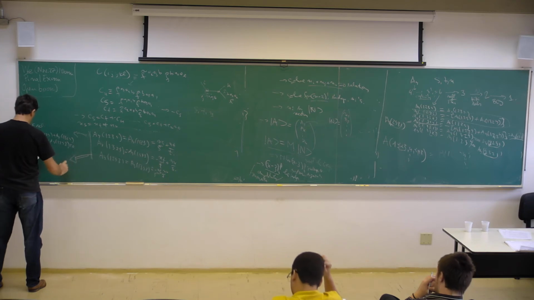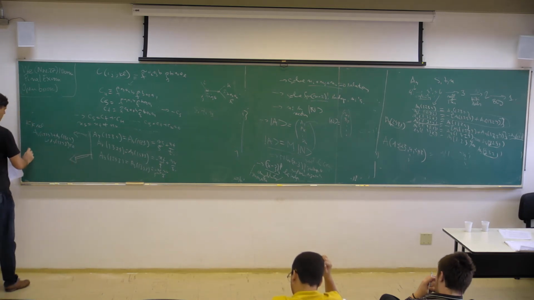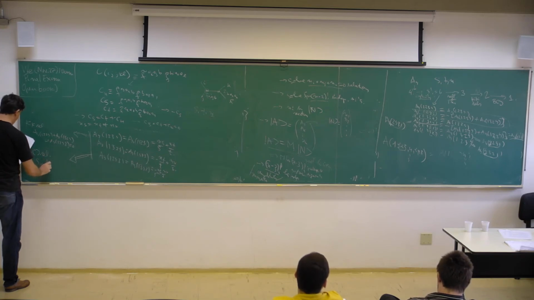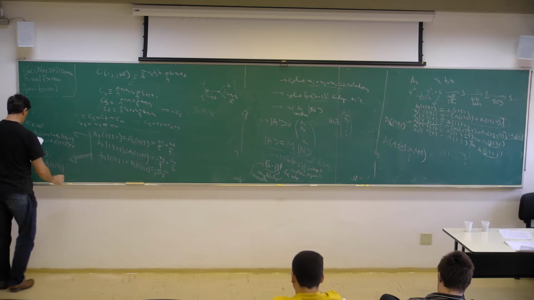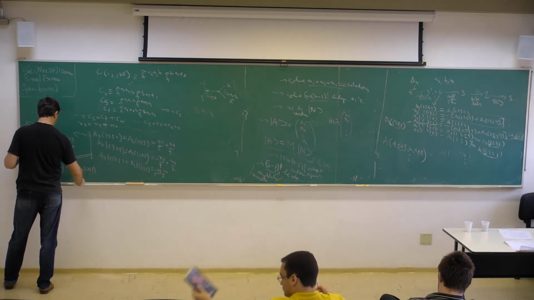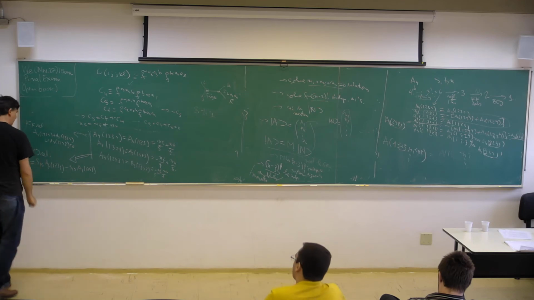But you could also find a BCJ relation, which in this case is S14 A4(1,2,3,4) minus S13 A4(1,2,4,3) is equal to 0.